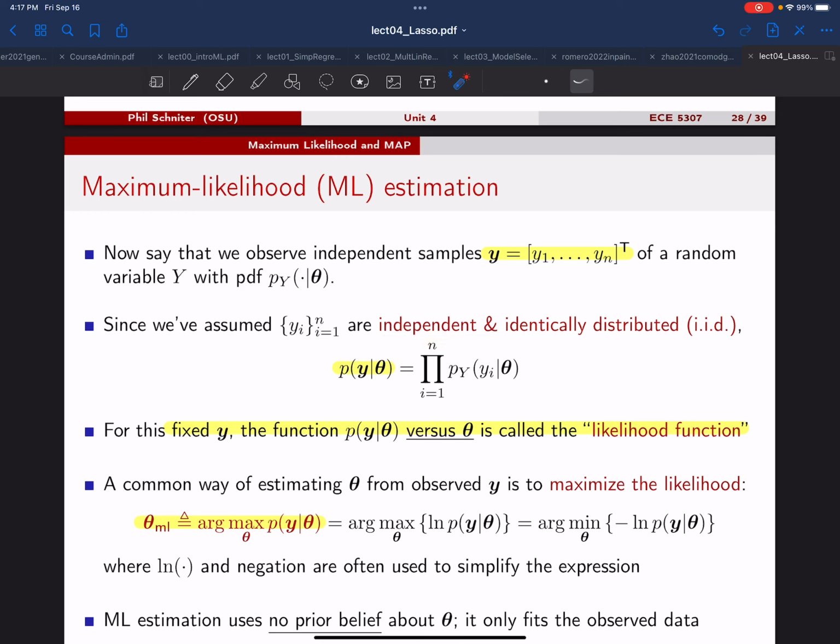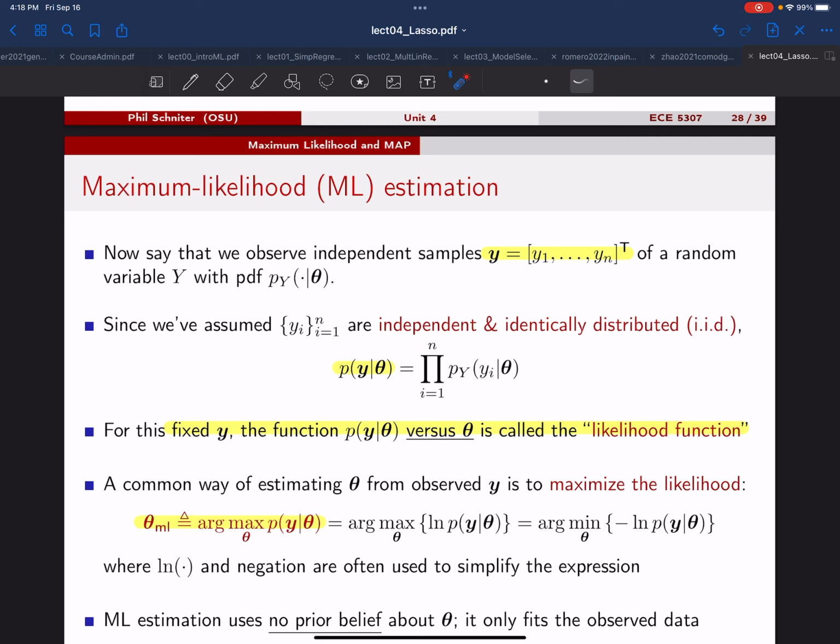Then this quantity is the joint PDF of some vector of values y for some parameters theta. If you think of these as random variables that are independent of each other, then statistical independence means you can decouple that joint into a product of individual PDFs like this.